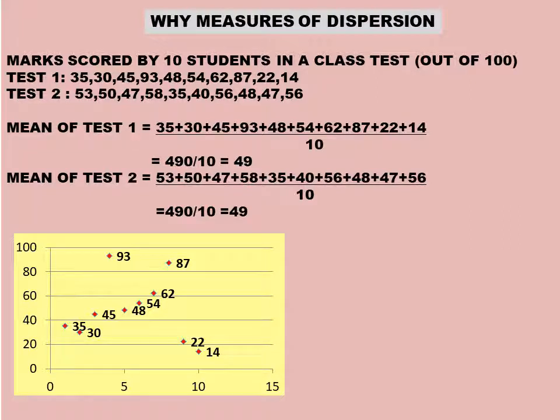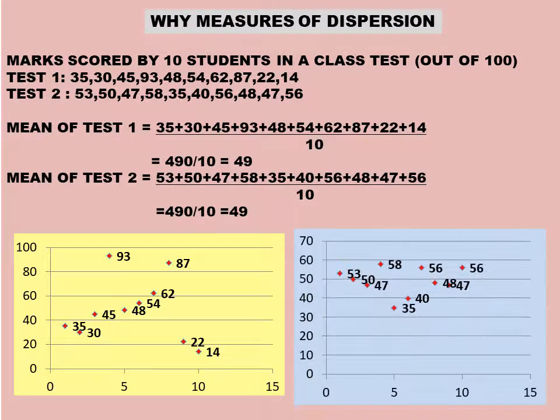So data is scattered here and there, right? But if you see the graph of test 2, the data is between 35 and 60, arranged in one particular place. But in the first test, the data is much scattered, between 0 and 100.